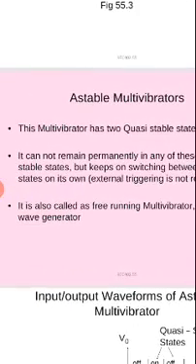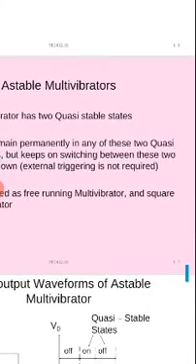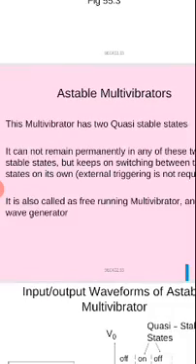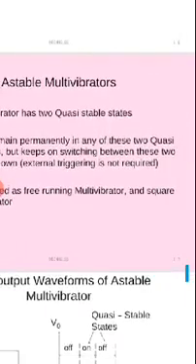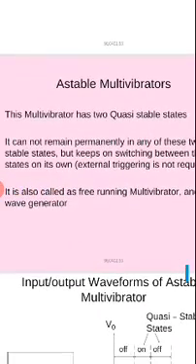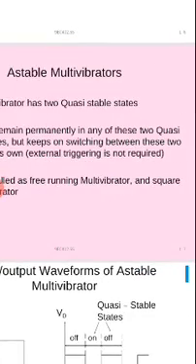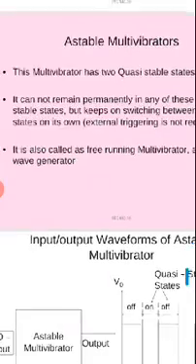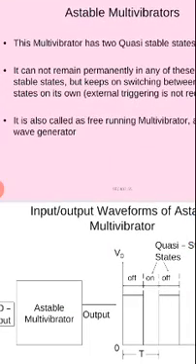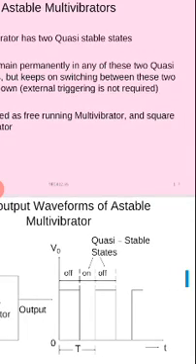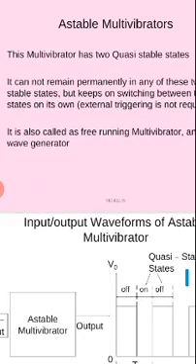It cannot remain permanently in any one of these two quasi-stable states, but keeps on switching between these two states on its own. External triggering is not required. It is also called free running multivibrator and square wave generator.